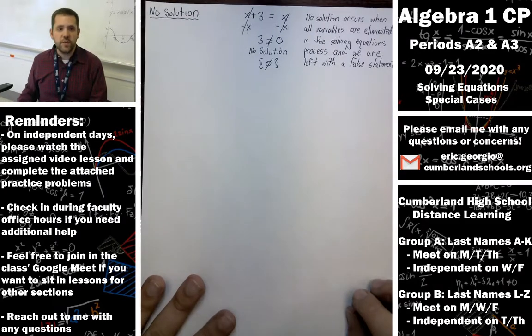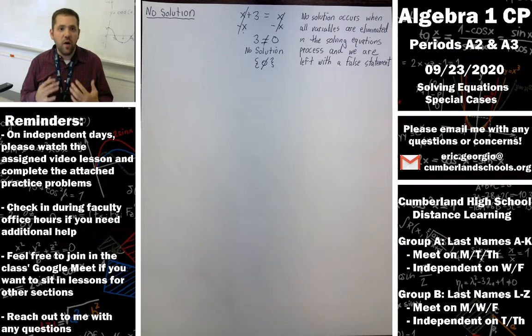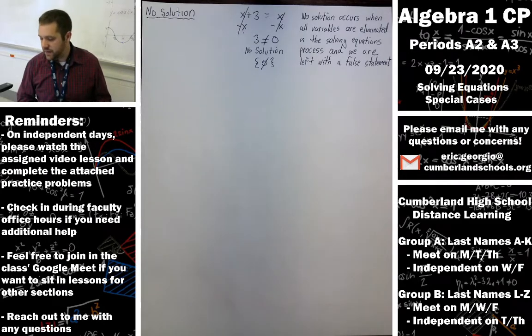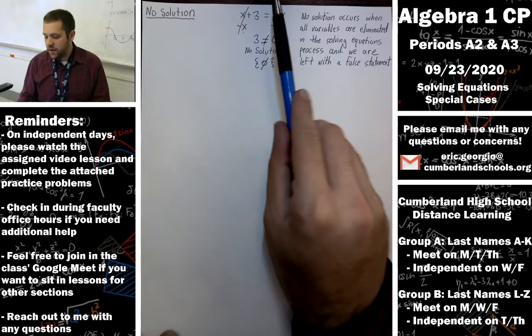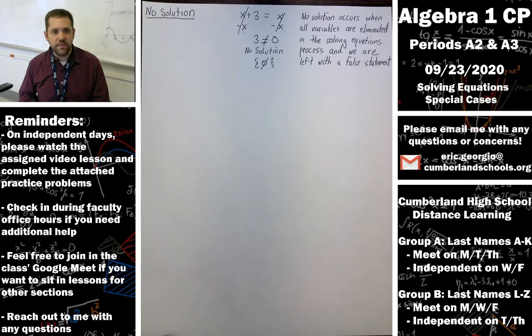Okay? So no solution occurs when all variables are eliminated in the solving equation process and we're left with a false statement. Here, we saw that when I tried to simplify this little equation, all the variables were eliminated, we're left with a false statement, so no solution.